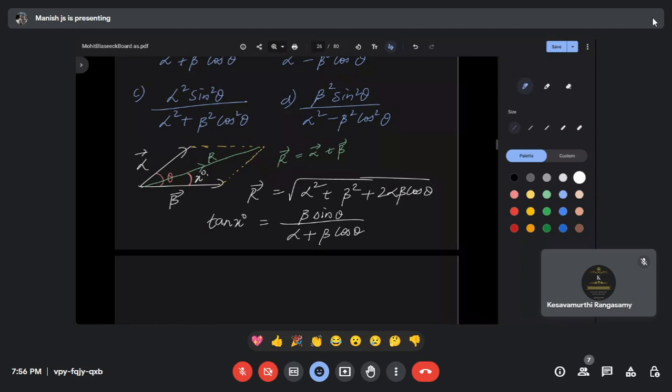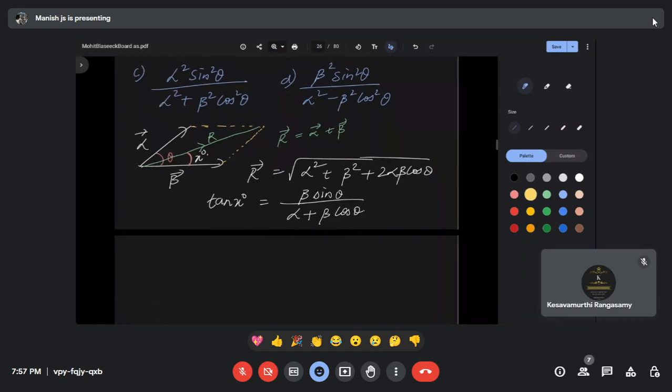Now, that is for vector alpha plus beta. What about alpha minus beta? In that case, can't we write tan y degrees is equal to, in the same way, beta sin theta divided by, this time it will not be plus, it is going to be minus, alpha minus beta cos theta. This is what we get.